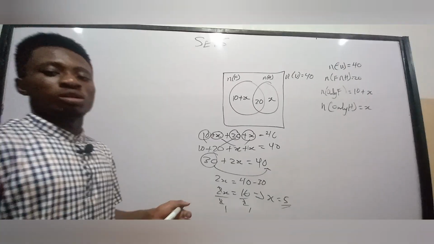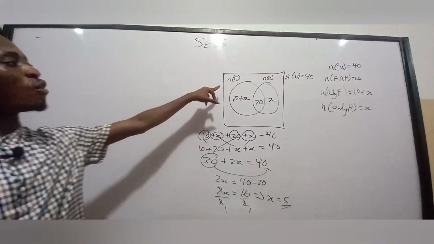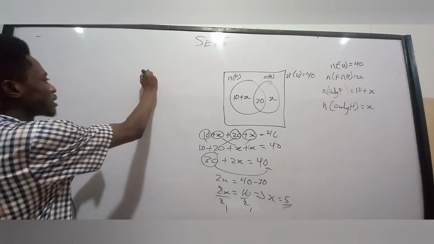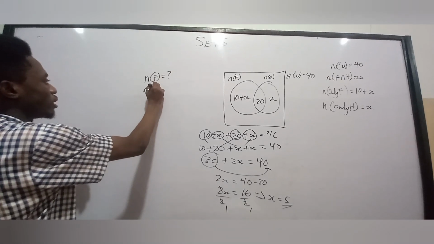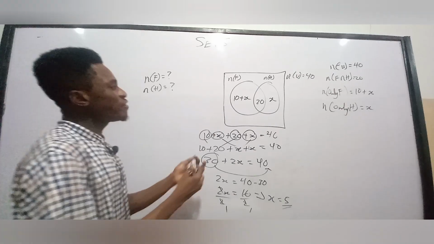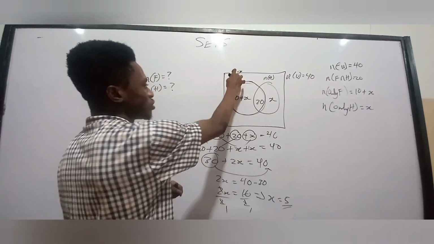Good. Okay, but this question is asking us to find the number of French and the number of history. So we are finding this French and that of history. So we know that everything in this circle is equal to that of French.